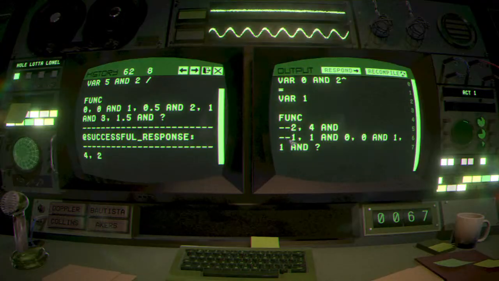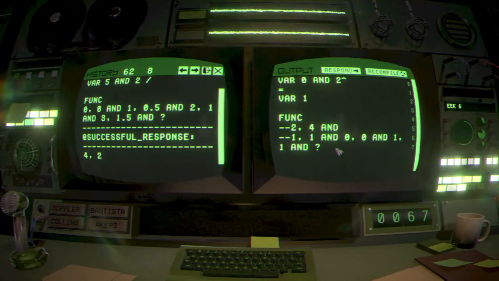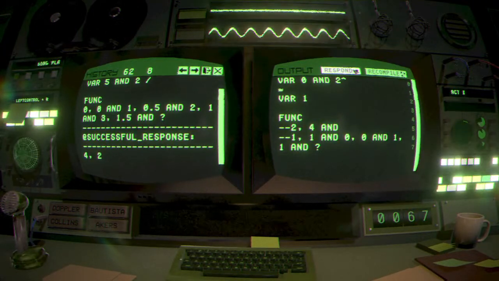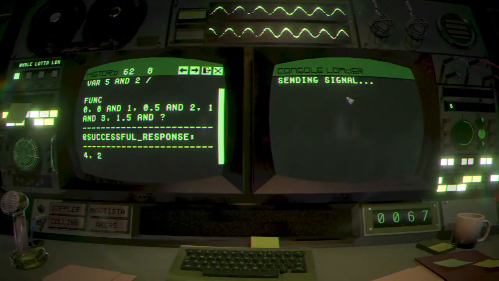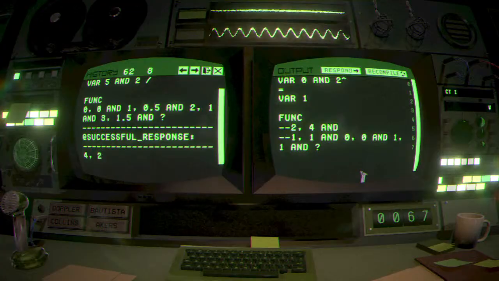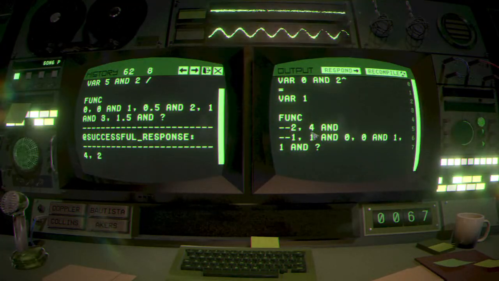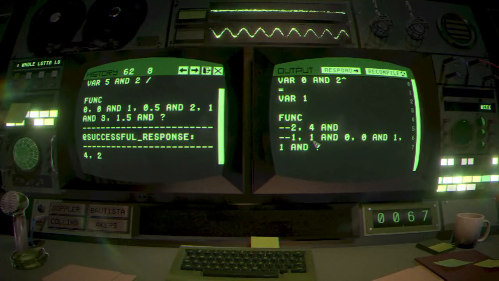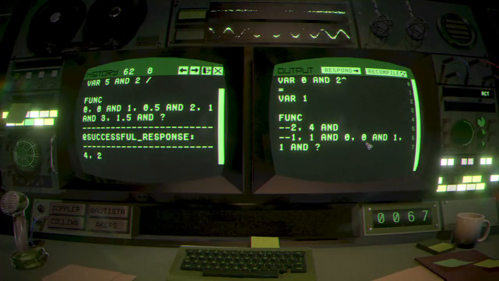So it's -2, -1, 0, 1, and then I do 1, comma, space 2. No? -2, comma, 4. And -1, comma, 1. And 0, comma, 0.